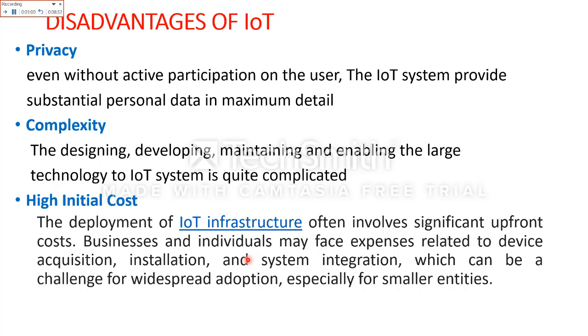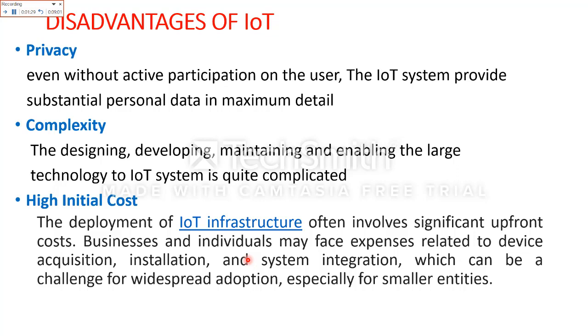At the same time, it requires a large effort to maintain the entire circuits, or the entire network needs to be maintained from time to time, or you need to enable or disable certain services. So you need to go through a number of technical details, and it's not easy to accumulate all these technical details in a single location. So IoT systems become somewhat complicated. So this is one disadvantage of IoT.